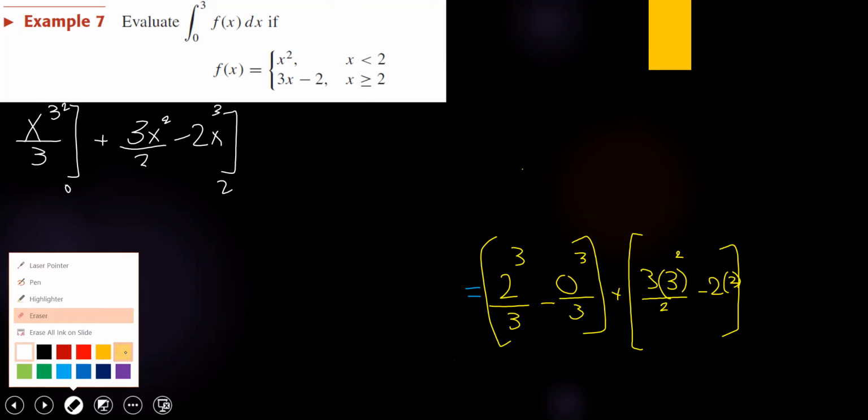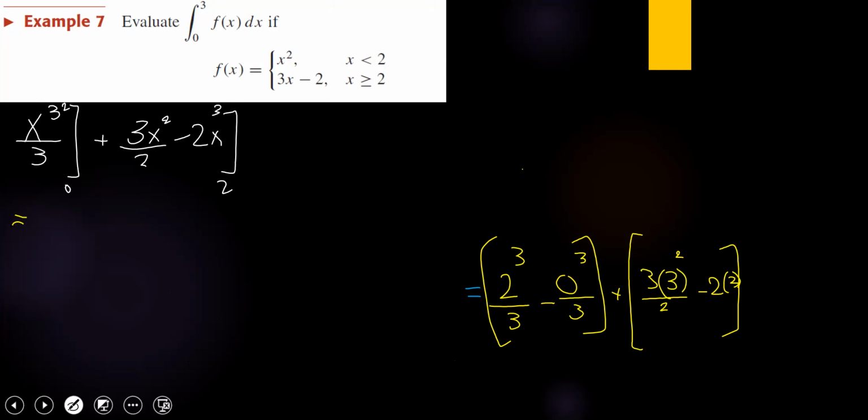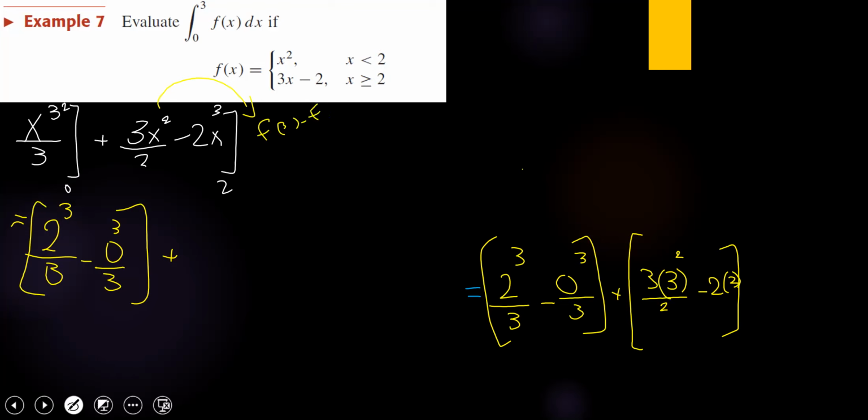So as I told you, first you have to find the first one, which is 2 cubed over 3 minus 0 cubed over 3, plus, let's find now F3 minus F2.